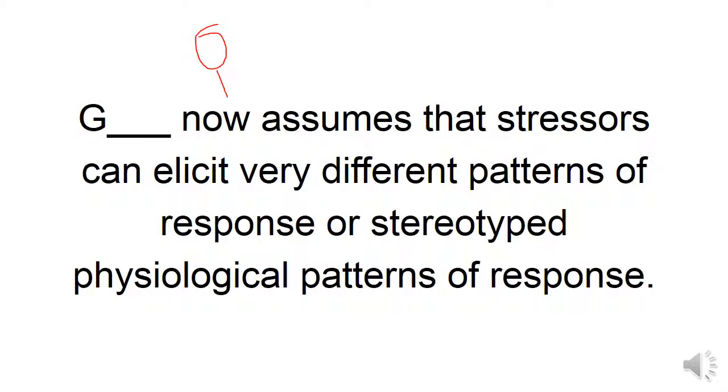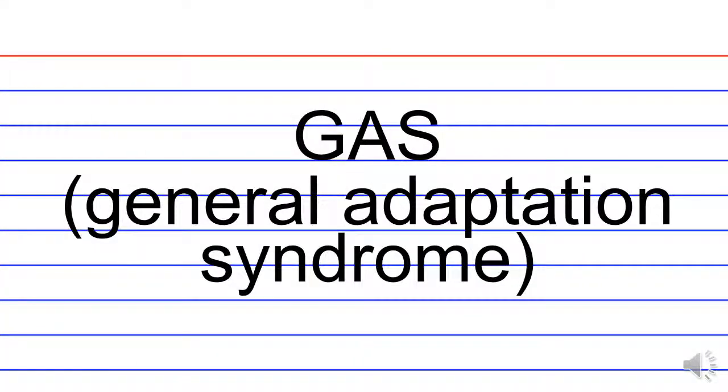So this is a female symbol and here goes men. So different physiological patterns of response. And so what is this G thing? That would be GAS, General Adaptation Syndrome.